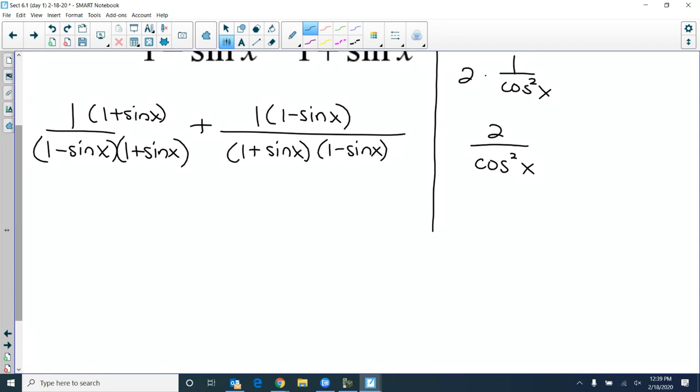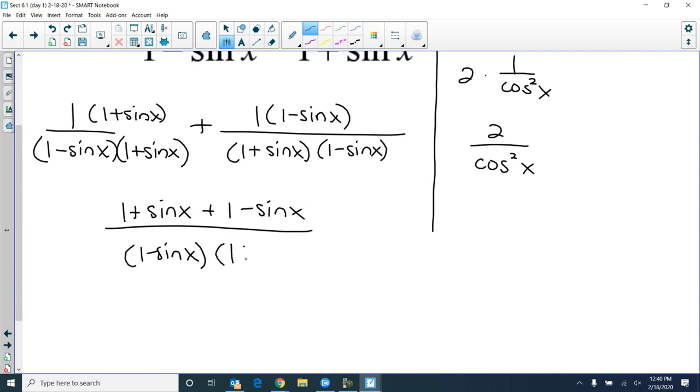All right, at this point, it doesn't look anything like the right-hand side. But we'll get there. All right, get that down and just think about what we can do next, and then we'll go through it. With this, this becomes 1 plus sine of x plus 1 minus sine of x over 1 minus sine of x times 1 plus sine of x.